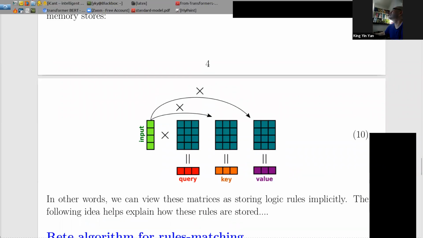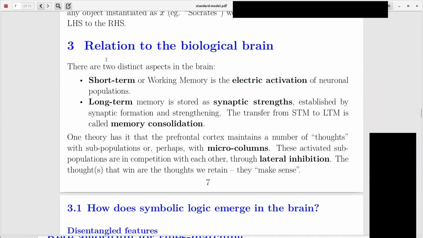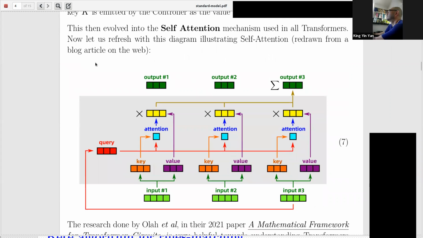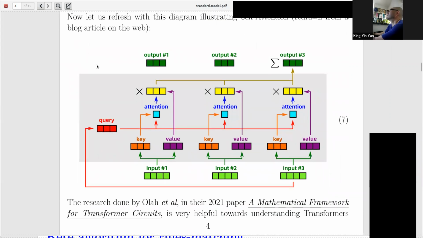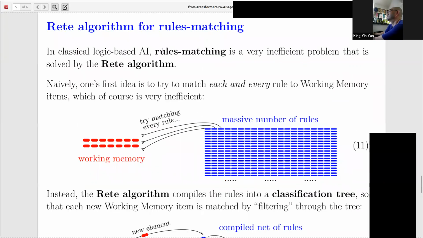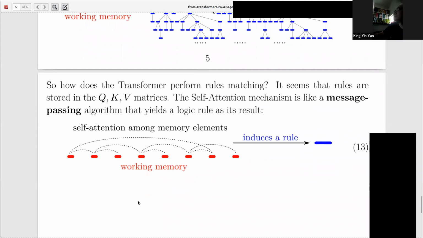So let's go back to that slide. Maybe this diagram.